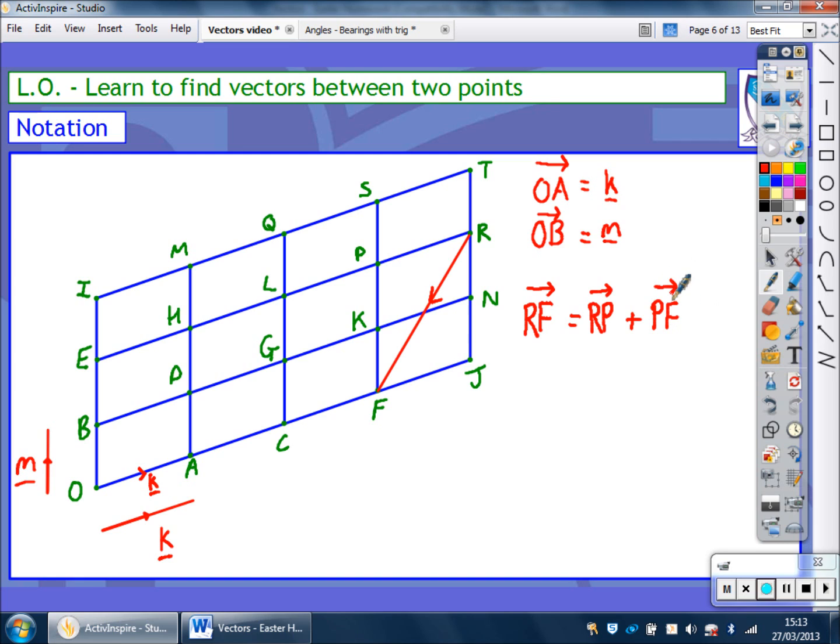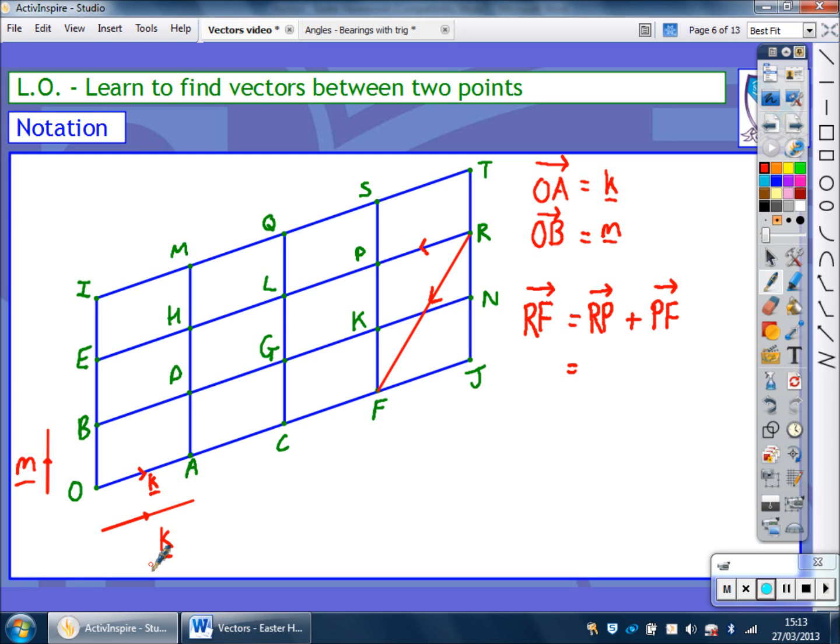Now, what a lot of people would think is that R to P is just the same as vector k. Now, it's the same size as vector k, but it's going in the opposite direction. If we're going from R to P, we're going in the opposite direction to vector k. And that's really important in vectors because, like I said, direction is important.